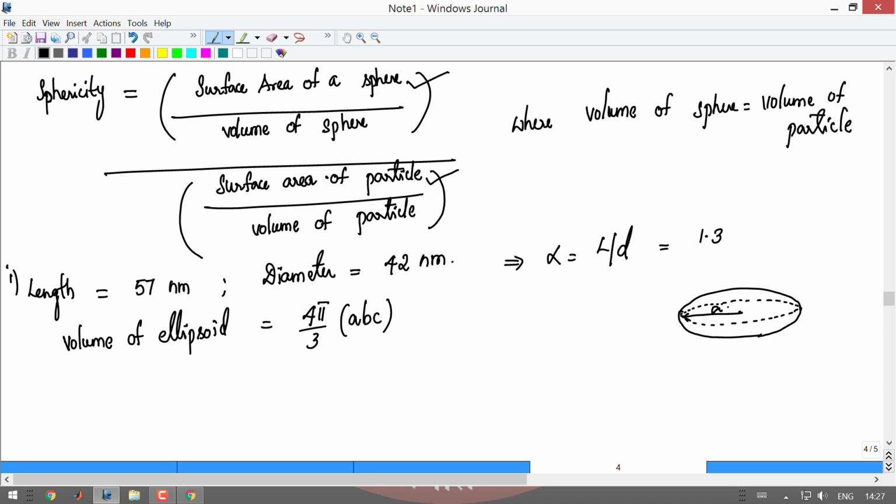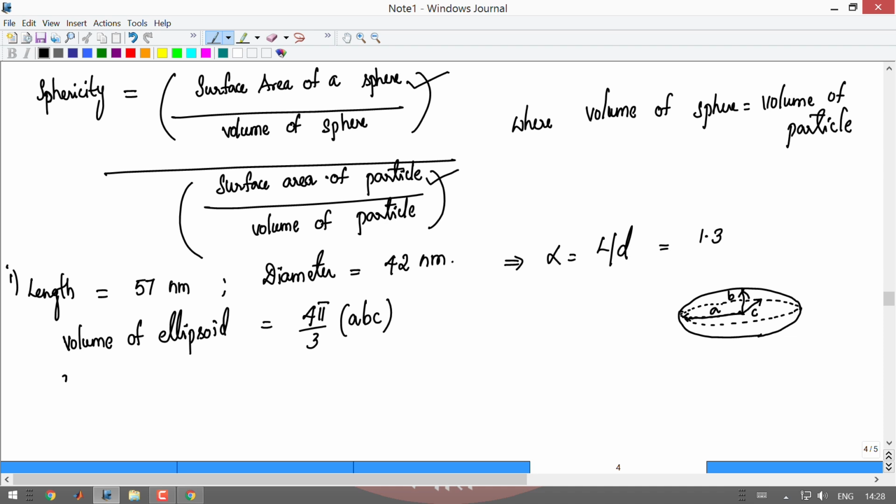So, half of it is taken as A and half of it will be taken as B, and in this direction we have C. So, these are the A, B and C, and if you see, when A, B and C are the same, we will end up with 4 by 3 pi A cube or B cube or C cube, which means 4 by 3 pi R cube, which is the volume of a sphere.